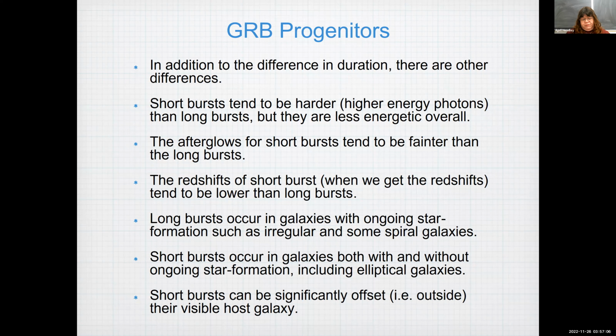The short ones would be in galaxies more like ellipticals, where there's no new star formation, where it's just stars that are getting older. Oh, so longer ones are when the ongoing star formation is happening. Yeah. Well, the short ones can be where there's ongoing star formation, but they also occur in places where there's not.